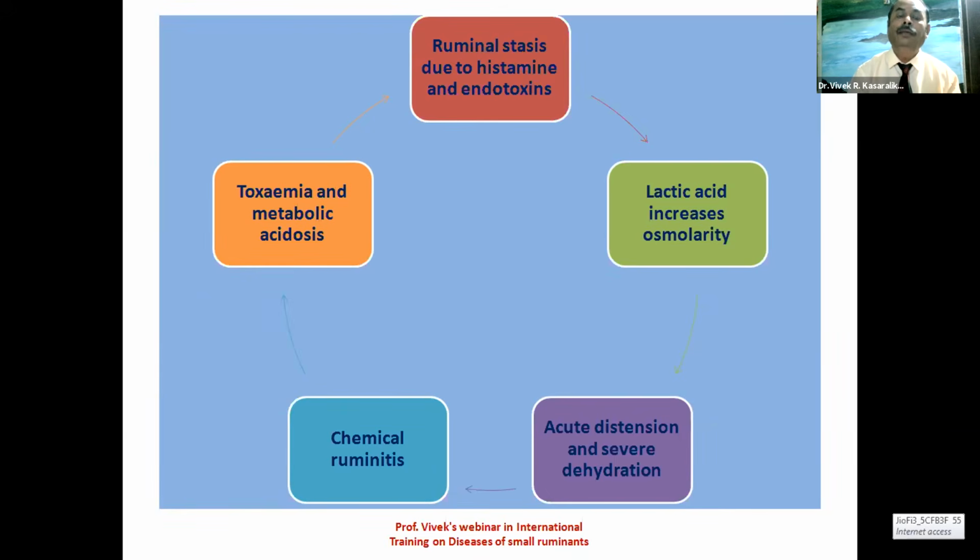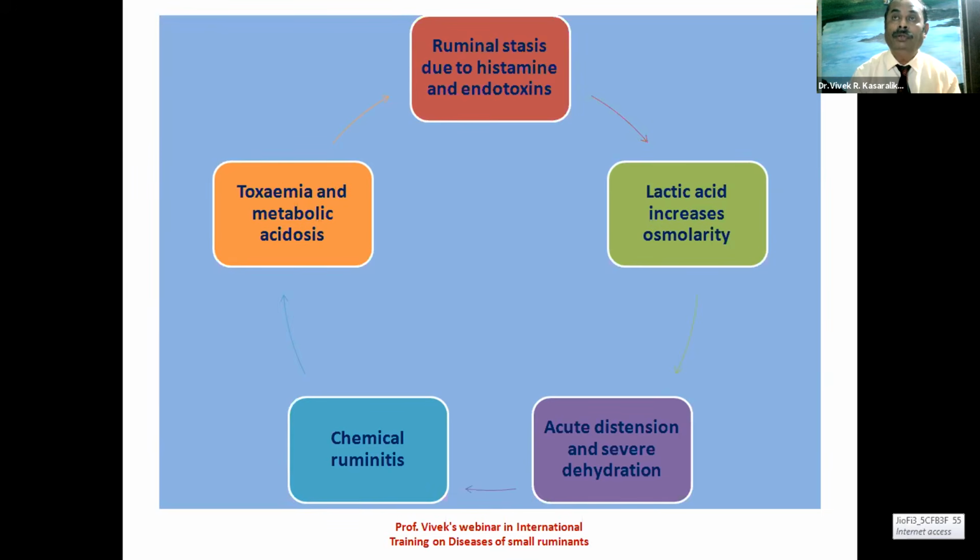One more thing observed in lactic acidosis: so many endotoxins are there, so much damage is there. Because of histamine release, the rumen contractions have stopped. It ends up in chemical rumenitis.